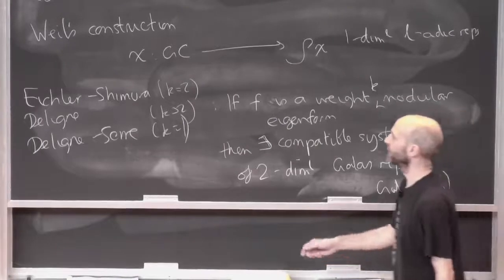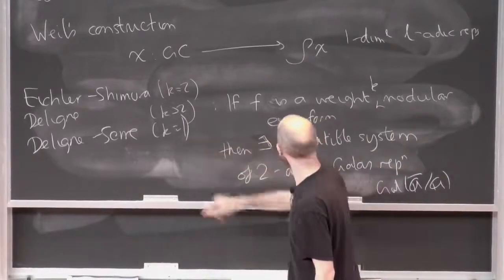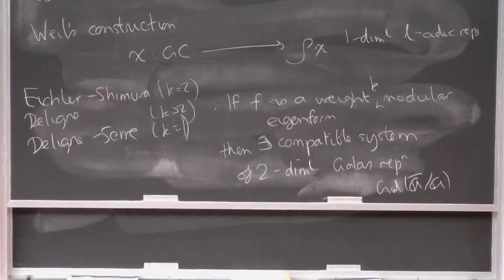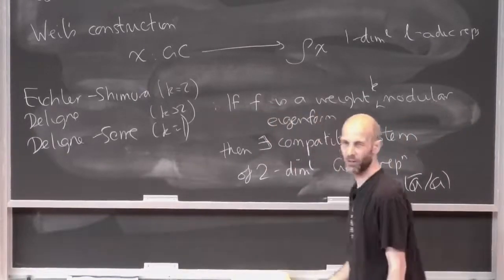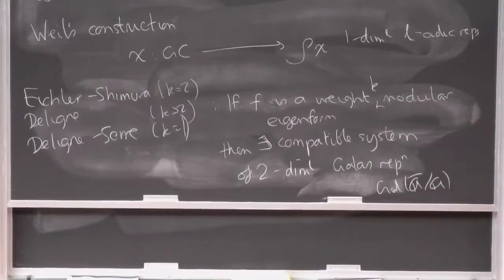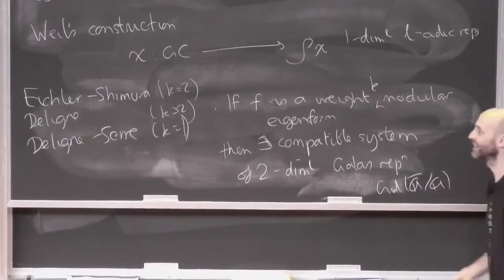And then k is 1 is a funny weird one. Do you remember there are two kinds of compatible systems of L-adic Galois representations. There's genuinely non-trivial ones, like the cyclotomic character, and then there are these bogus ones, where you just have a finite order Dirichlet character, and it takes values in GL1 of some finite extension of Q, and you just embed that finite extension of Q into the L-adic numbers for all L and say there's a compatible system. So there are these bogus ones which have really got finite image and are a system of L-adic representations, all of which are the same in some sense.